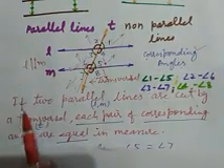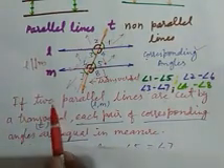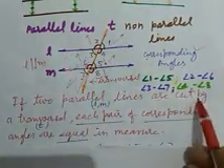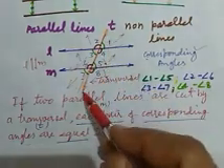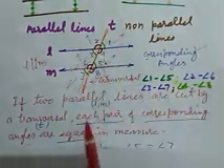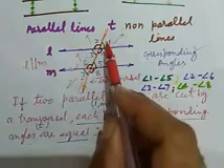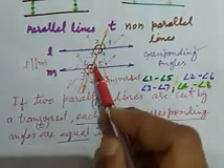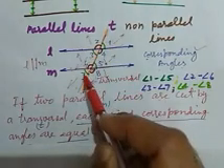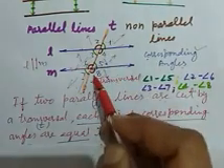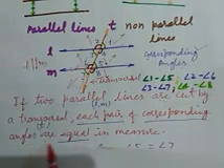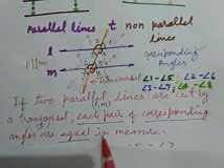Now we check. First I repeat, if two parallel lines are cut by a transversal, each pair of corresponding angles, 1 and 5, 2 and 6, 3 and 7, 4 and 8, is equal in measure.